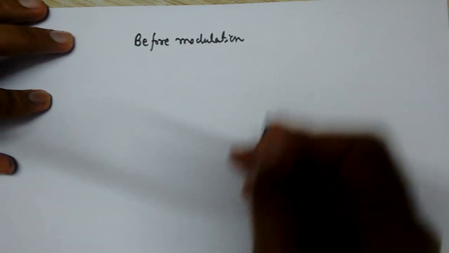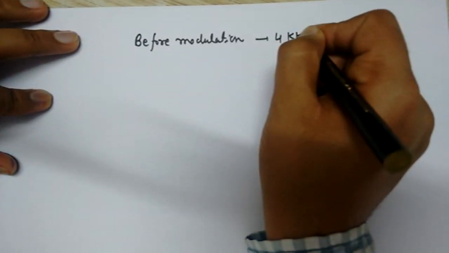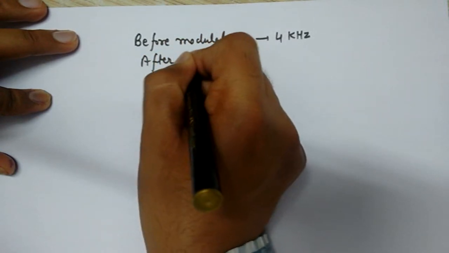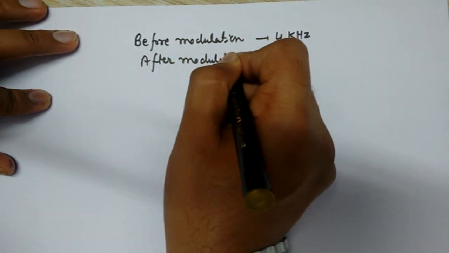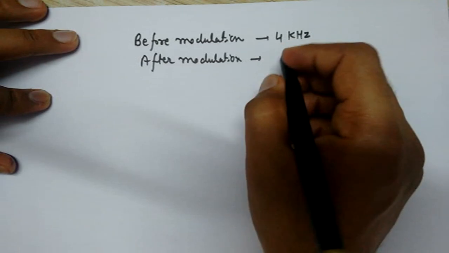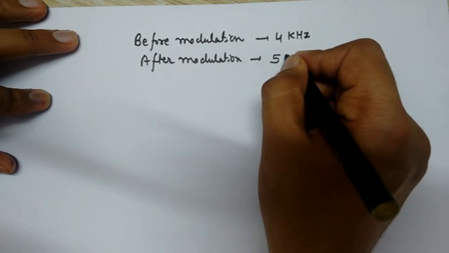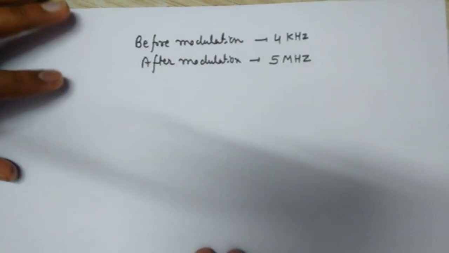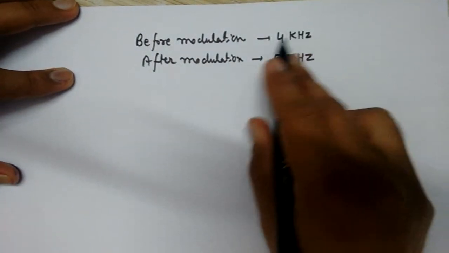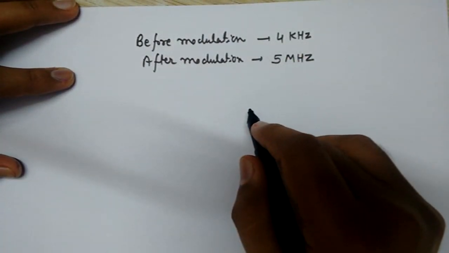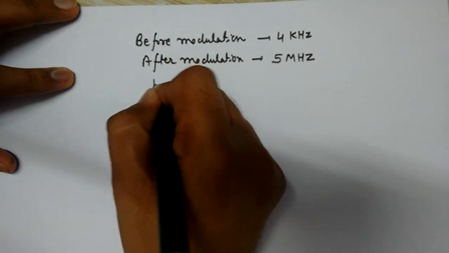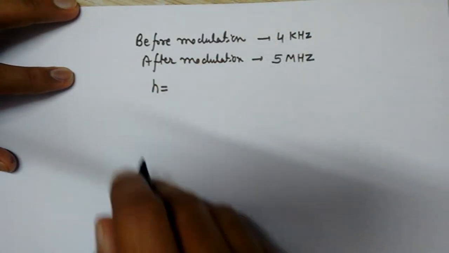Before modulation it was 4 kilohertz, but after the modulation process I'm taking it as 5 megahertz. I'm using a high frequency carrier wave, so this modulated signal is of 5 megahertz, which is much higher than the modulating signal frequency. Now let's calculate the height with this 5 megahertz.